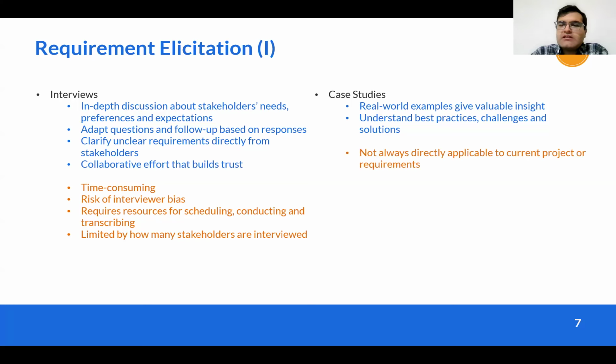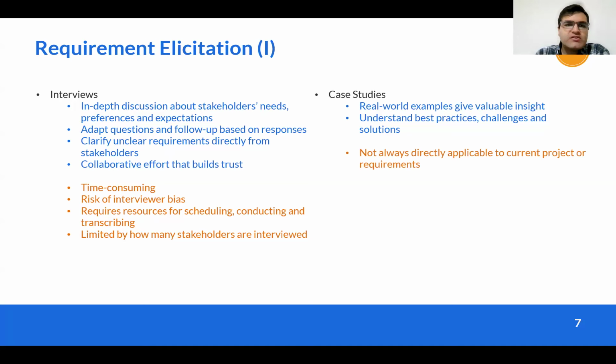Okay, and its problem is it's not always applicable to what you are going to develop, okay? Because a lot of times what you're developing is brand new, okay? It's either something that has never been done before, or even if it has been done before, when you're going to do it, it's a bit more specific to your context.